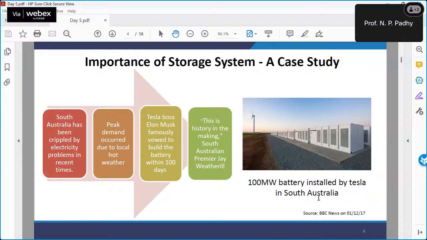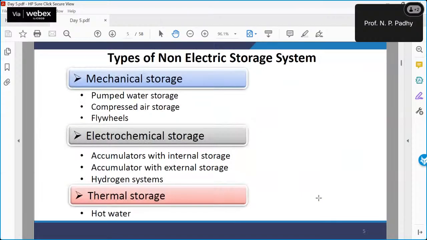They famously worked to build the battery within 100 days. And this is history in the making. That means such kind of installation has never happened in the history of this world. So this is one of the interesting examples. I thought of sharing it.